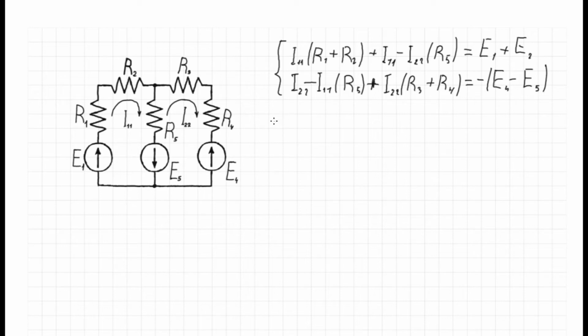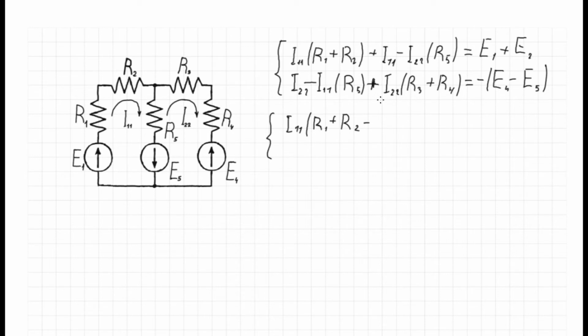After the transformations we have gotten I11, and the first term with I11 has resistances R1 plus R2.